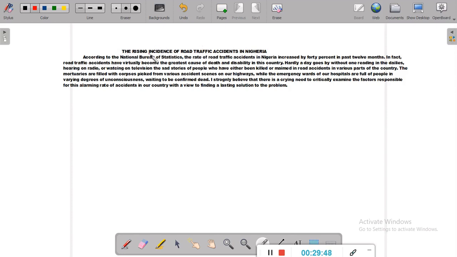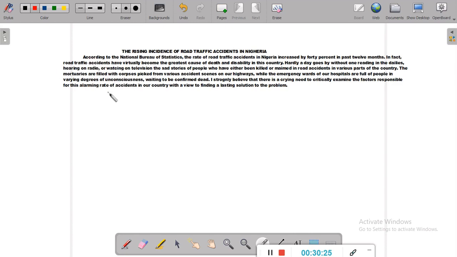Now, having written the topic or the title, then you start your first paragraph, which contains your introduction. Your introduction is the beginning of your discussion, and it is meant to achieve some definite purposes. Your introduction should be able to grab the reader's attention, and it should also be able to show the reader what the topic is all about.